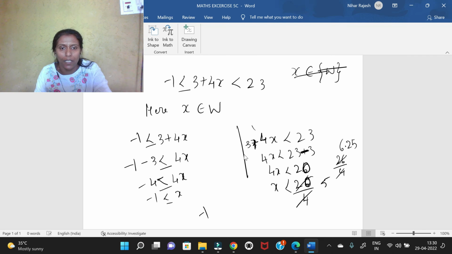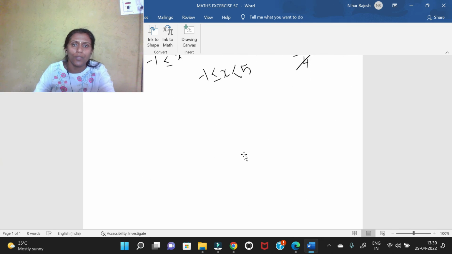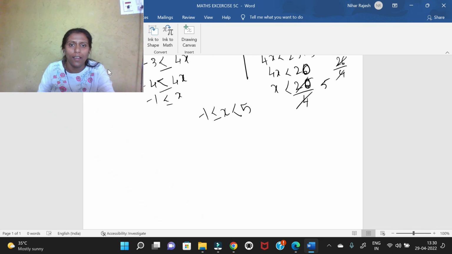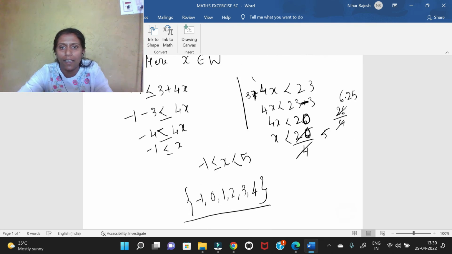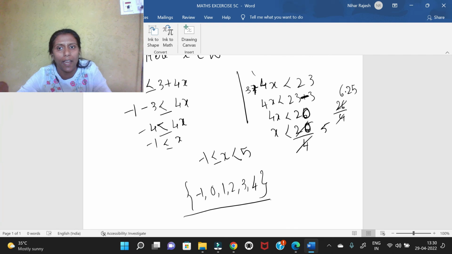So it is -1 less than or equal to x less than 5. Therefore, here comes your solution set: -1 because it is equal, then 0, 1, 2, 3 and 4, being whole numbers, right? I'm very sorry, I made a mistake here. It was plus 3, I had shifted it to be minus 3, and therefore x comes to be lesser than 5. Okay. So this is our 12th one.